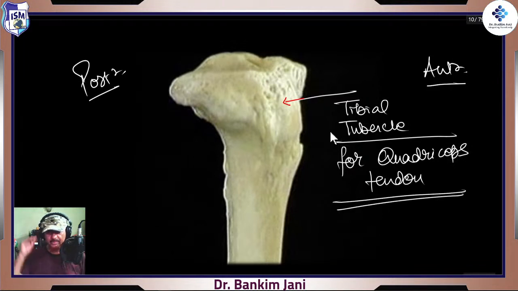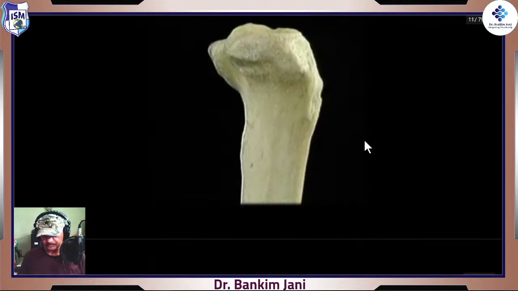The quadriceps tendon comes all the way and lands over here. You know that the quadriceps comprises 4 heads. All of them combine and land at this point, that is the tibial tubercle.